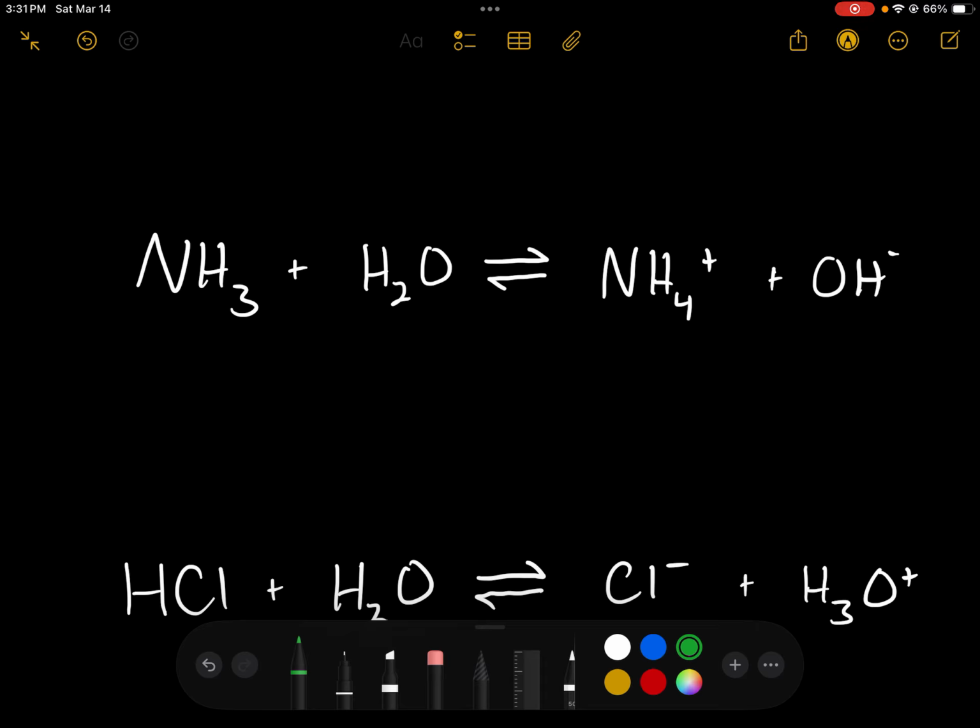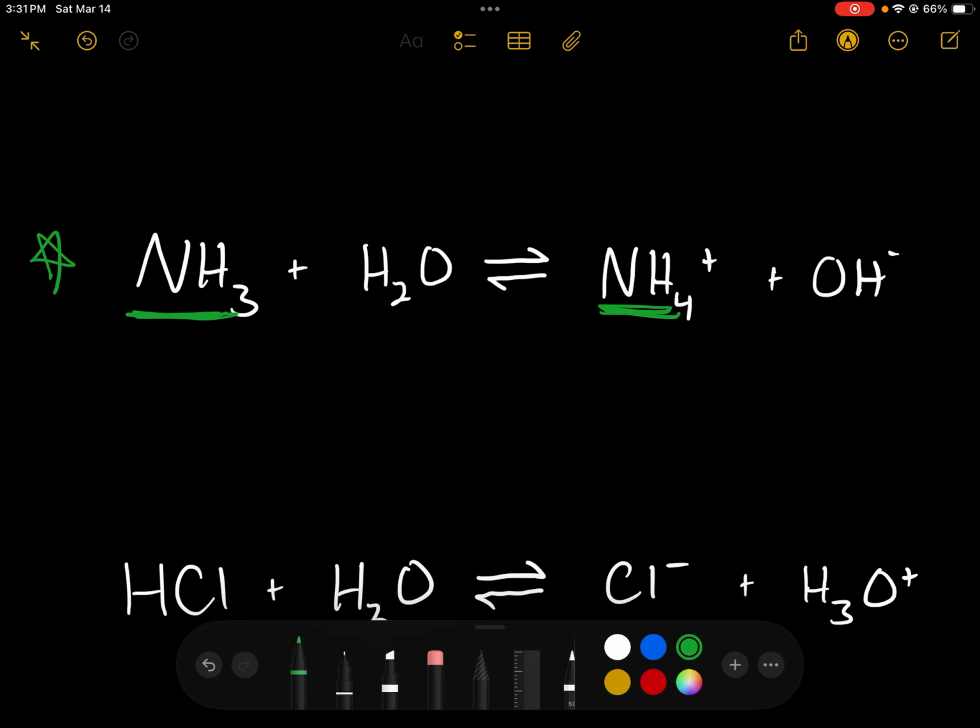So if we're looking at this reaction right here, we have NH3, or ammonia, and water reacting to produce ammonium, NH4+, and hydroxide. So we need to pay attention to what's going on with our hydrogens. We see that over here, NH3 has 3 hydrogens, but over here, there are 4 hydrogens in that similar looking molecule.